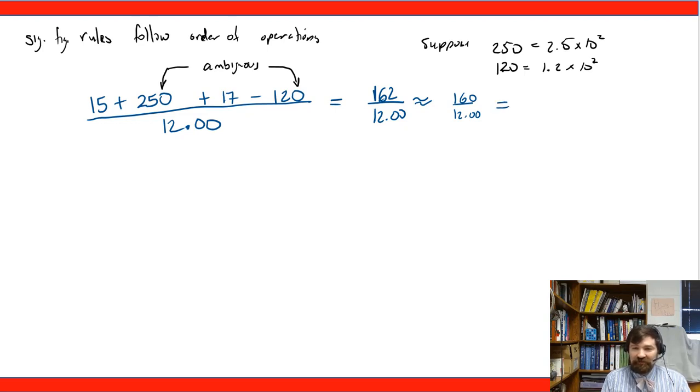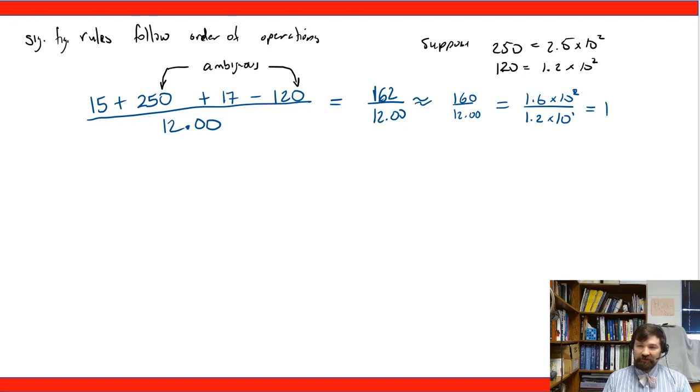So this is 1.6 times 10 to the 2 over 1.2 times 10 to the 1. So 1.6 over 1.2 is actually 1.25.